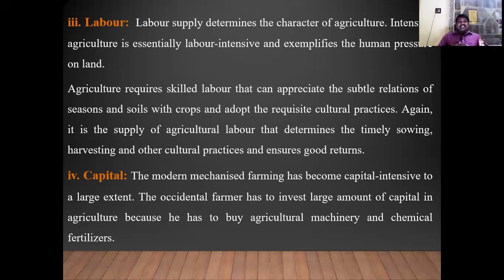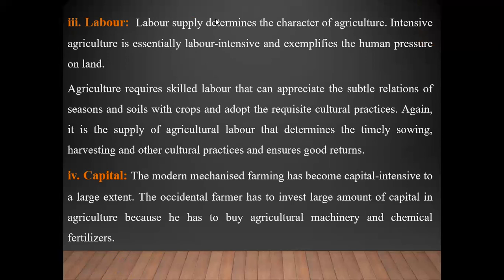Agriculture requires skilled labor that can appreciate the suitable relations of the seasons and soils with crops and adopt the requisite cultural practices. Again, it is the supply of agricultural labor that determines the timely sowing, harvesting, and other cultural practices and ensures good returns.